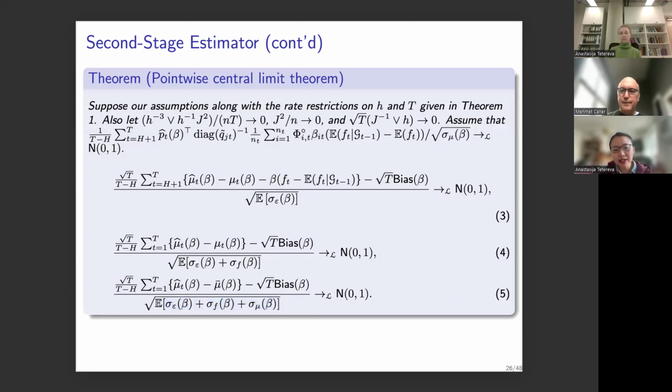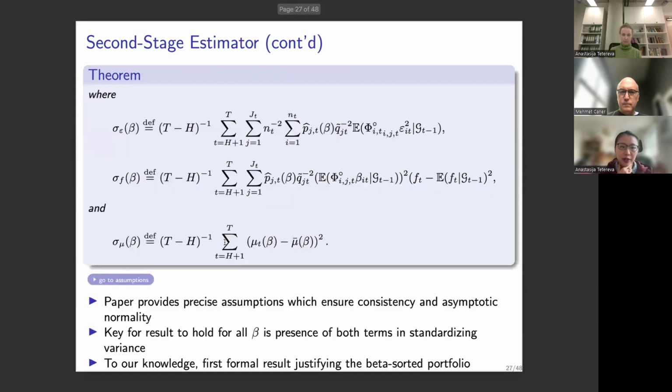It turns out that Fama-MacBeth has this variance, and we have a plug-in version of the estimator that produces narrower bands that only reflect the conditional variance.